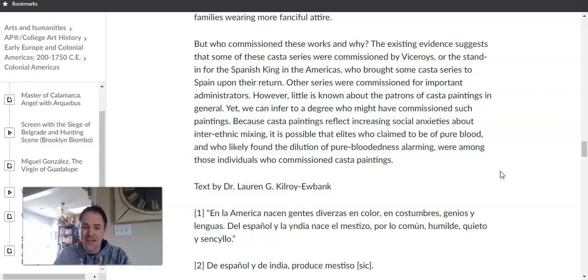It also reminds me, because my daughter is a huge Harry Potter fan, of the purebloods, right? And the mudbloods, these two terms that the wizards in Harry Potter world used to describe the people who were supposedly pure and those who had some muggle blood in them.